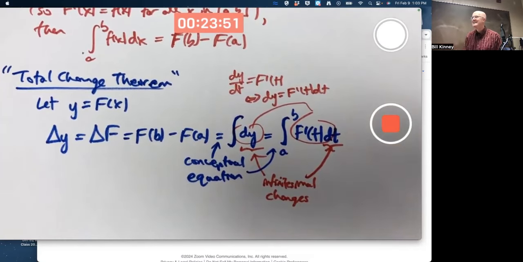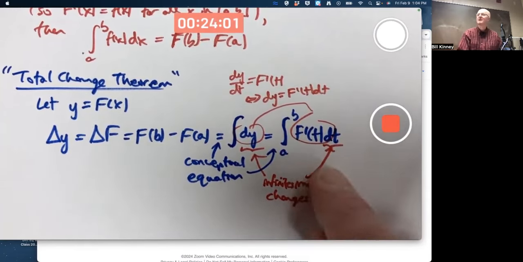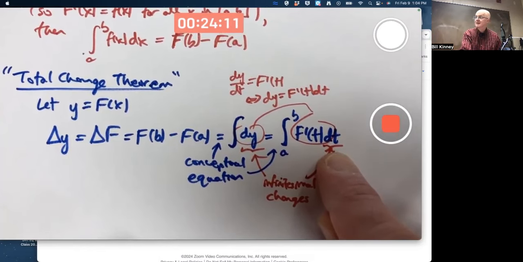No. Just pretend. Technically, dt is just telling you, hey, the variable's t, integrate with respect to t. But Leibniz and other people pretend it's a multiplication. The units help as well, right? If it's displacement, this could be meters per second. This could be seconds. The seconds would cancel, giving you meters. An infinitesimal amount of change in meters.